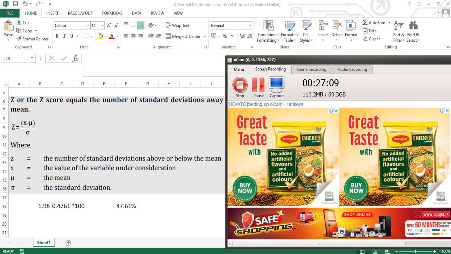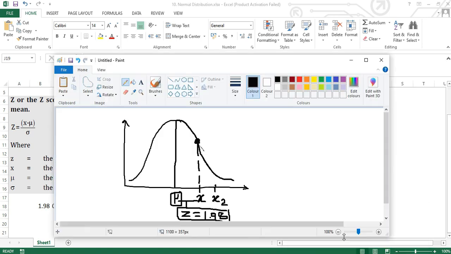This is the probability of data represented under this section of the curve. So only this section, see, only this section is 47.61. Okay, only this particular section up to the x value.